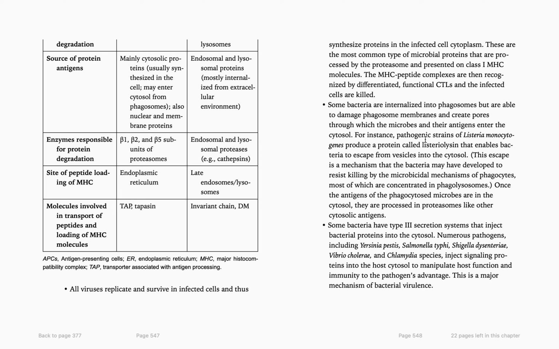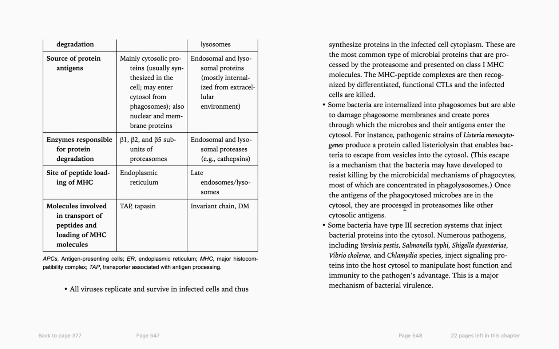For instance, pathogenic strains of Listeria monocytogenes produce a protein called listeriolysin and enable bacteria to escape from the vesicle into the cytosol. This escape is a mechanism that bacteria may have developed to resist the microbicidal mechanisms of phagocytes, most of which are concentrated in phagolysosomes.